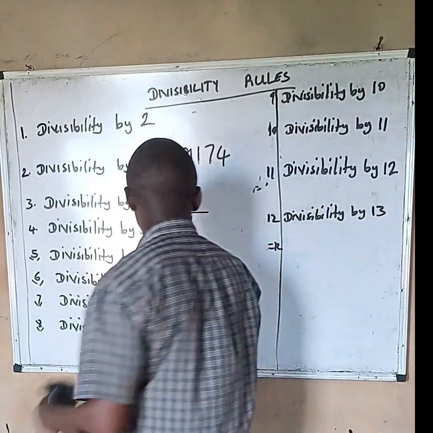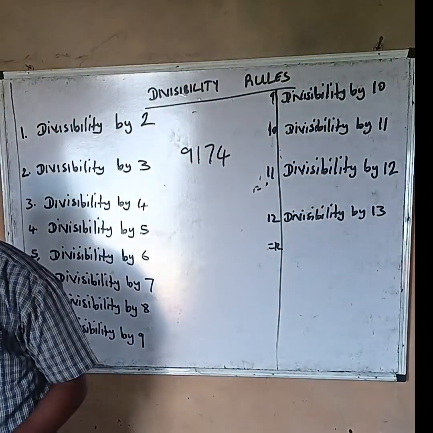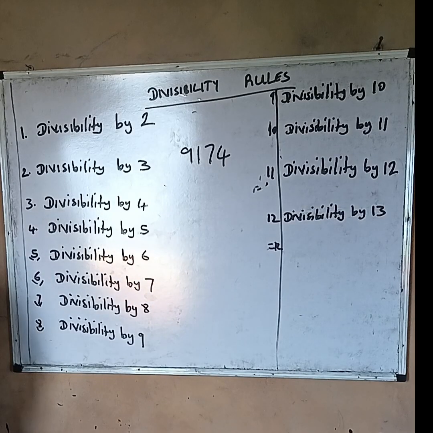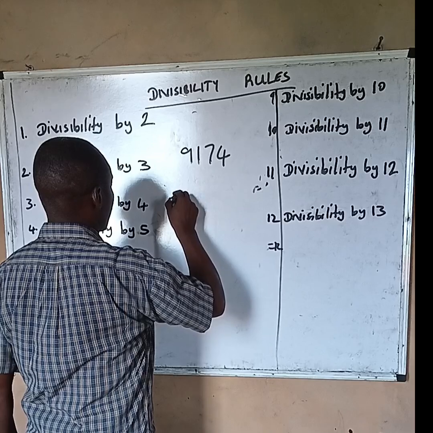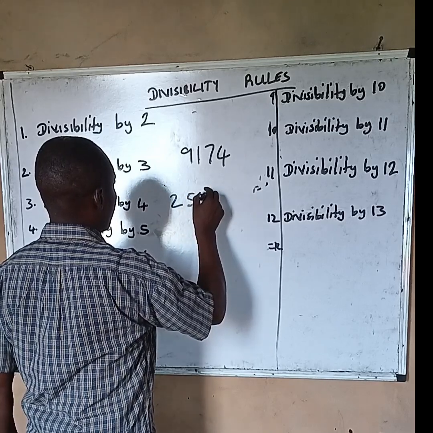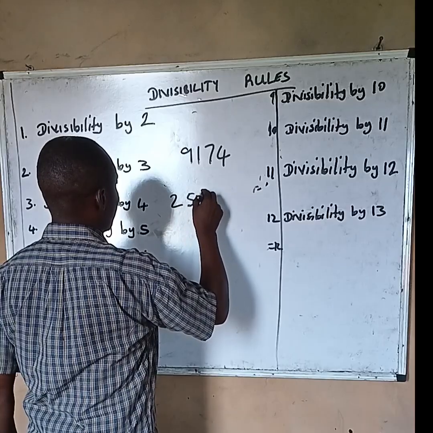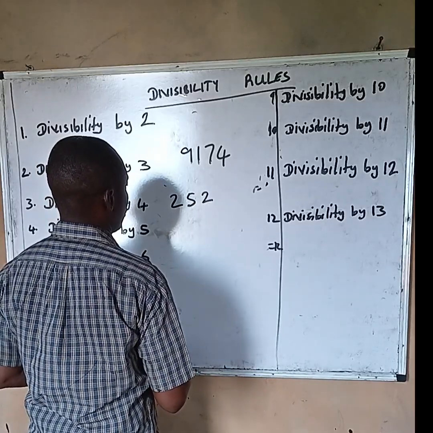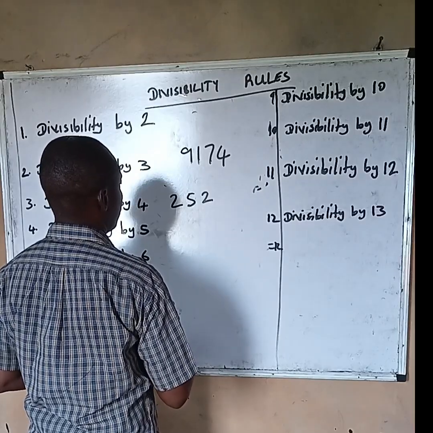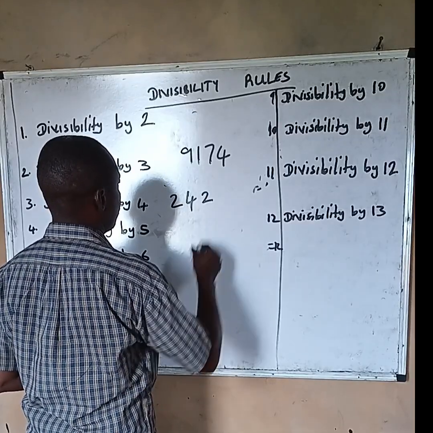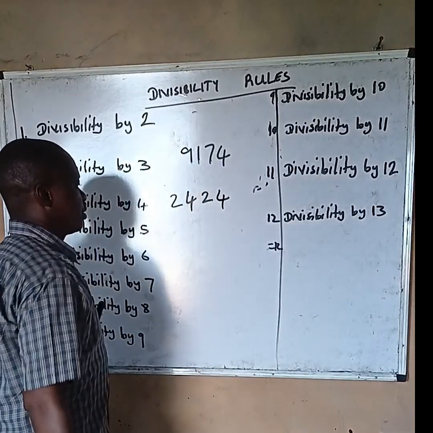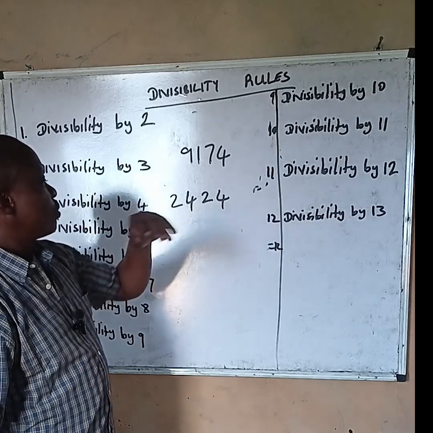Let's get a particular number. All right, let's see this number: 2424.